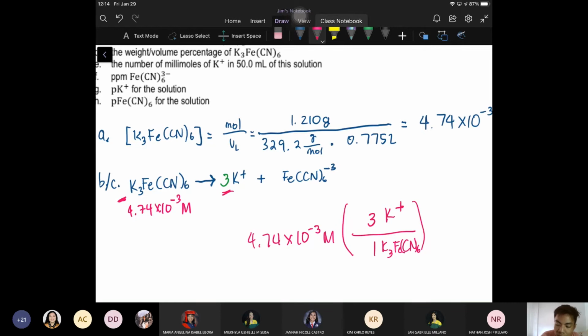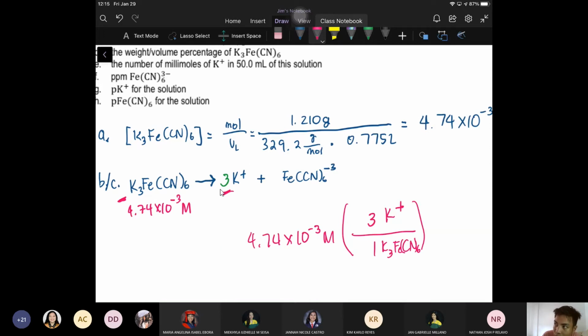So, basically, i-multiply mo lang to sa 3. You multiply this concentration by 3, and you will end up with the molar concentration of K plus in your solution. So, times 3 lang siya, according to Stoich. Again, paano mo makukuha to? Coefficients lang. Yung nasa baba, yung given substance mo, yung may molarity. Yung nasa taas, yun yung kukunin mo.